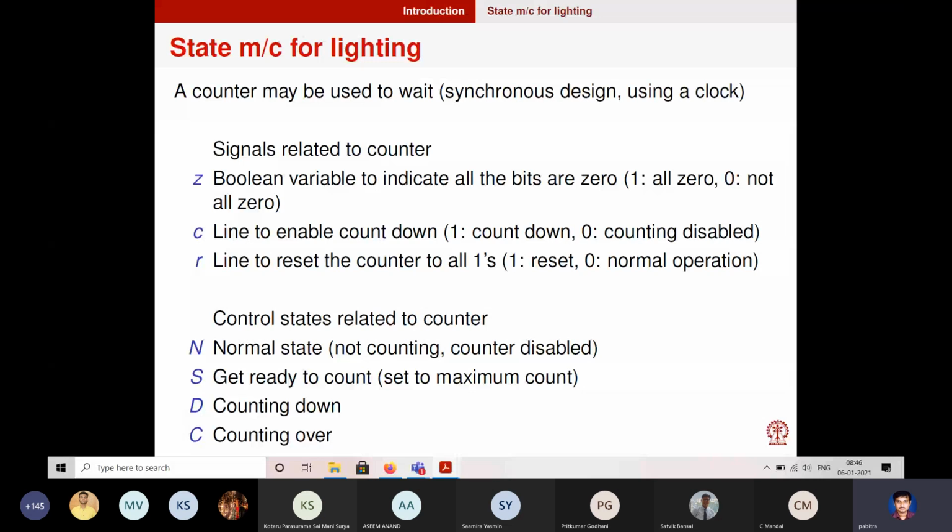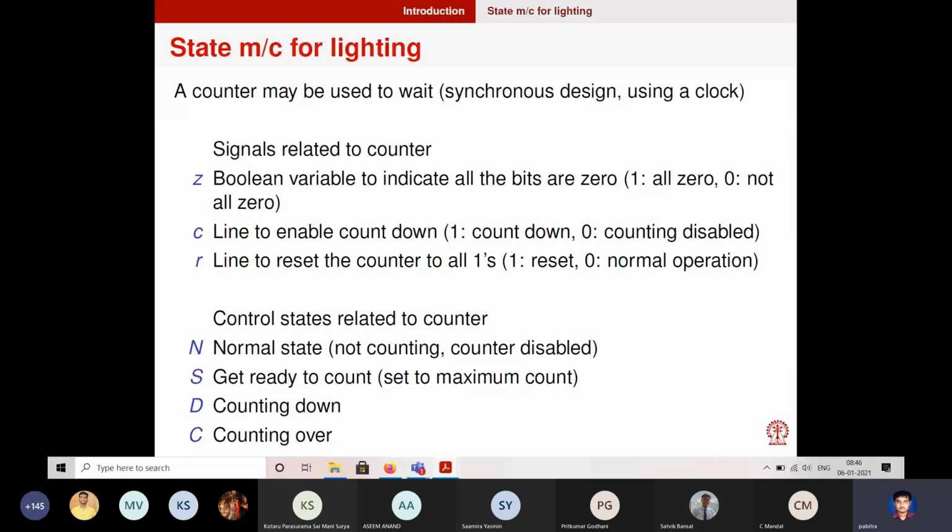These external variables which come from outside, we call them signals, as if they are coming from somewhere else. And then there are states of the counter, which is internal to the counter. It's a property of the counter. It's called a state of the counter. Okay.